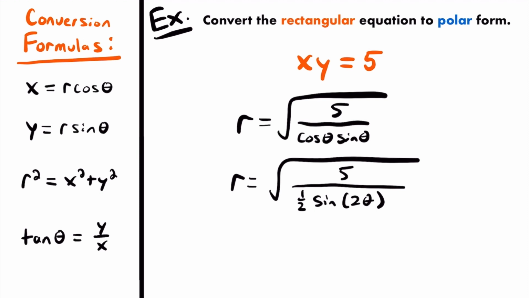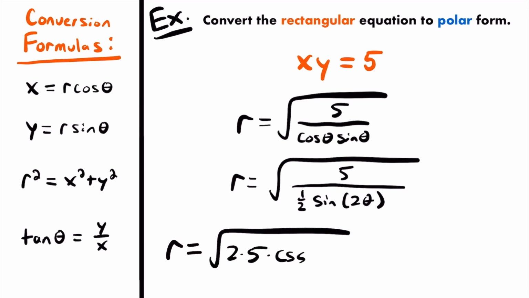So instead of dividing by 1/2, we can multiply 5 by 2. So what we'll have is that r is equal to the square root of 2 times 5 times cosecant of 2 theta. All right, we just moved sine of 2 theta to the numerator, which turns it into cosecant. And then instead of dividing by 1/2, we multiplied by 2.